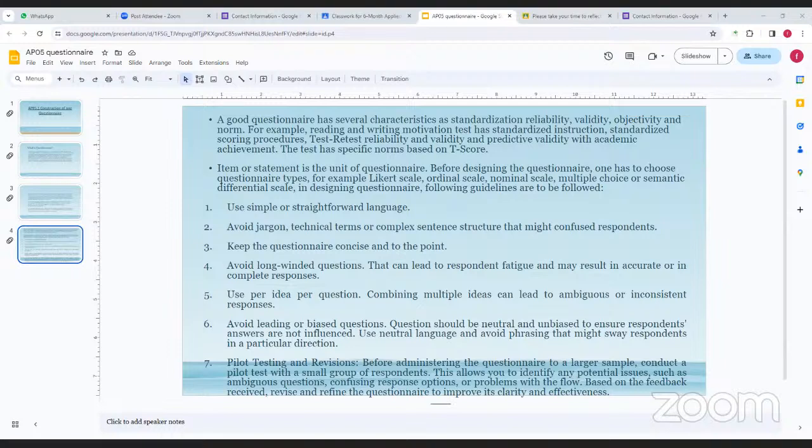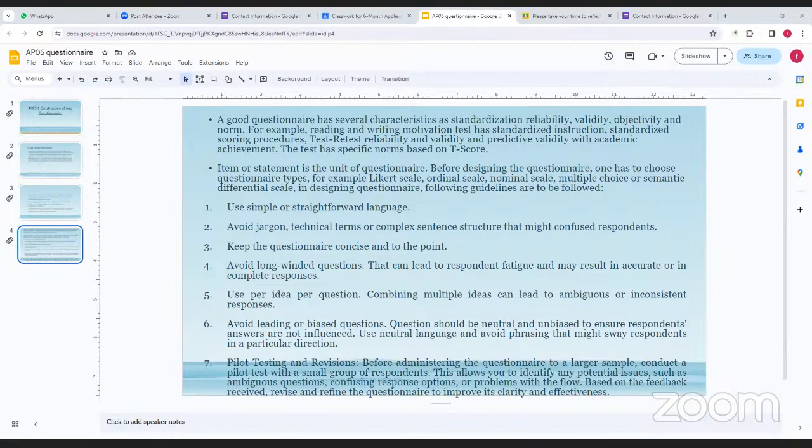But it should not be less than 0.5. If you find that the validity coefficient is less than 0.5, you must be very much alarmed.